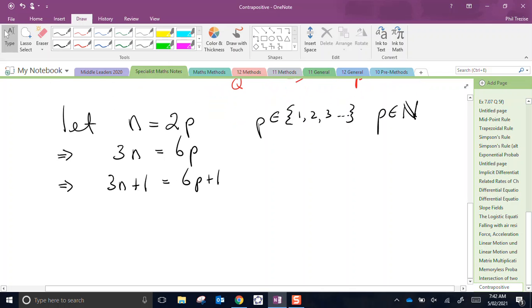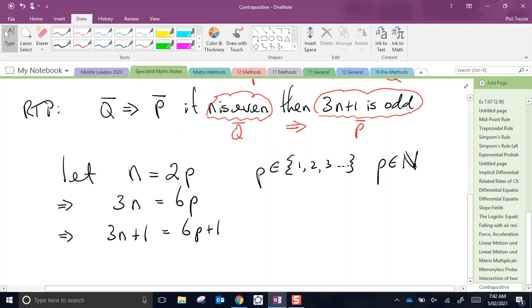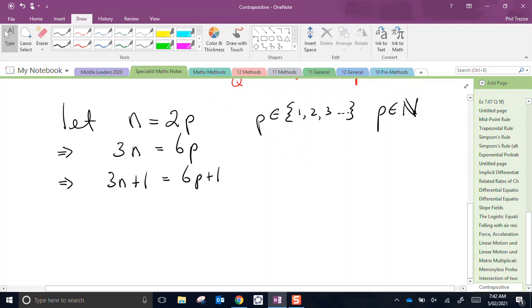Now here we go. We're almost there. I can tell we're supposed to prove that 3n plus 1 is odd. Well, any multiple of 6 must be an even number. In fact, I could probably make this even more obvious. It's obvious enough as it is. But I could write this as 2 times 3p plus 1.